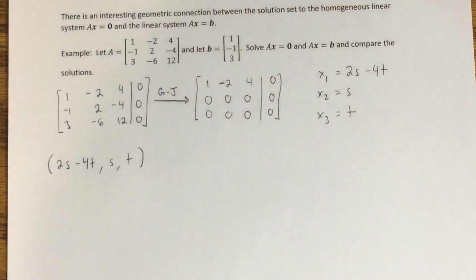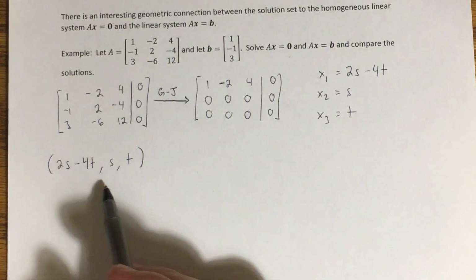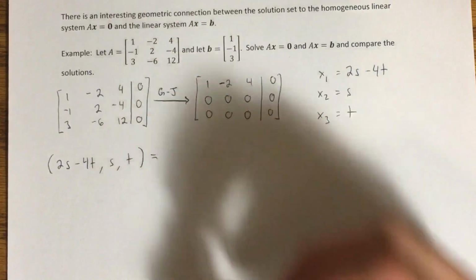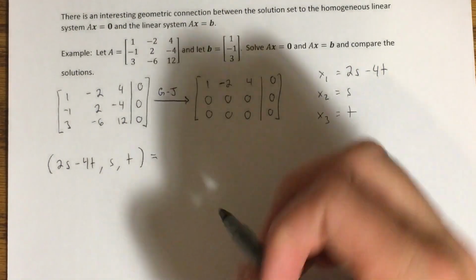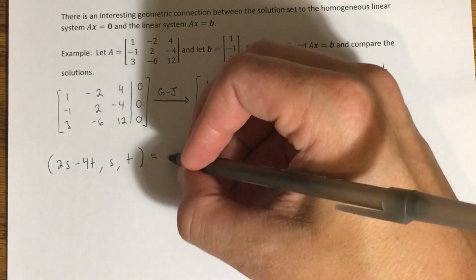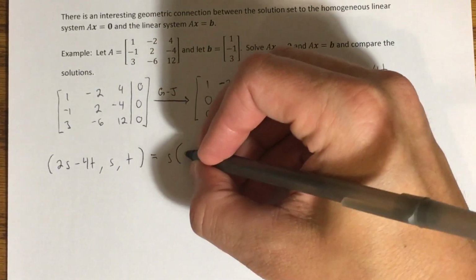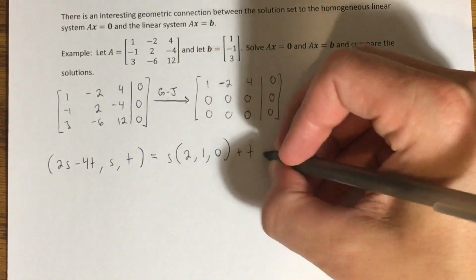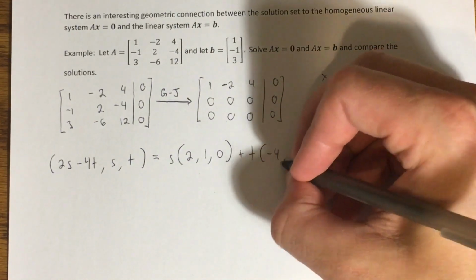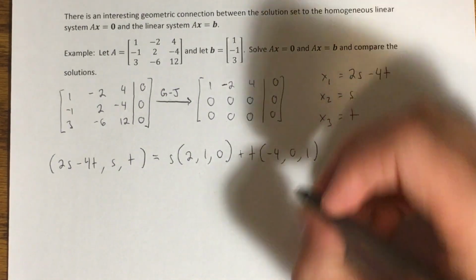s, t. Okay, but if I want to write that slightly differently, if I want to write this as a linear combination of vectors, then I can write this as s times the vector 2, 1, 0 plus t times the vector -4, 0, 1.